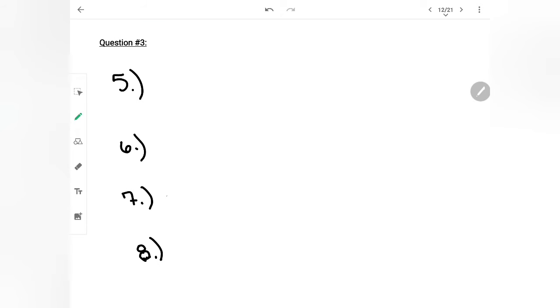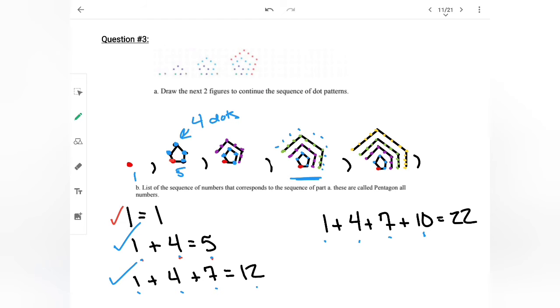So let's say I want to find out the 5th, 6th, 7th, and 8th figures, like the total number of dots in each figure. Well, if we just go ahead and look back at our equations, there's actually a pattern that helps us determine what the number of dots will be in the next sequence.